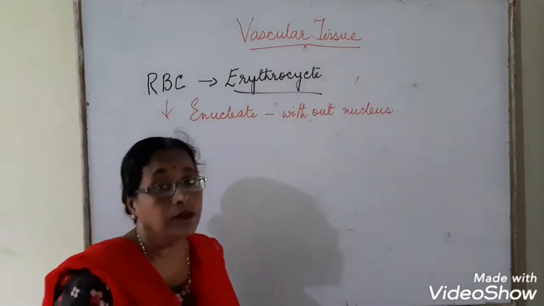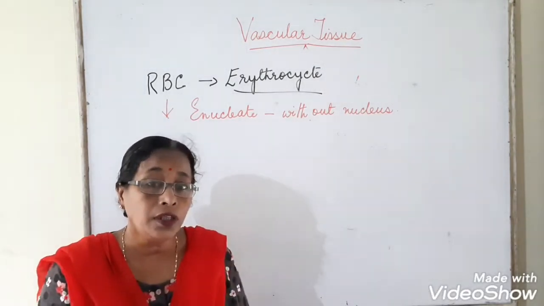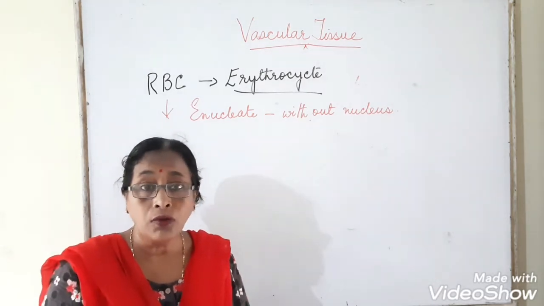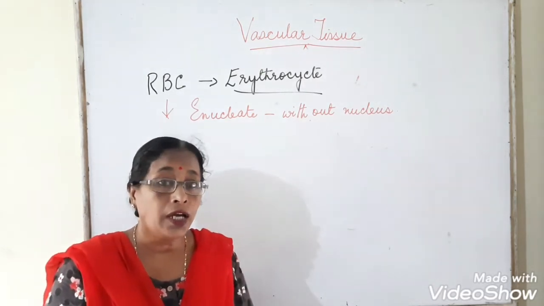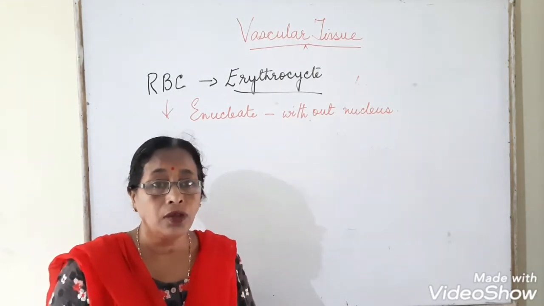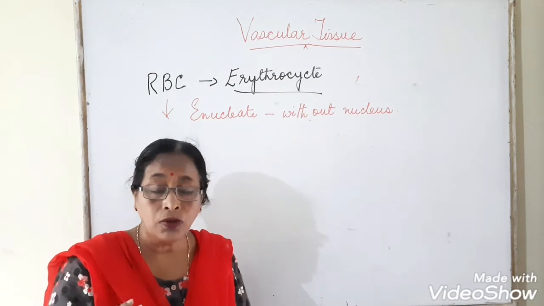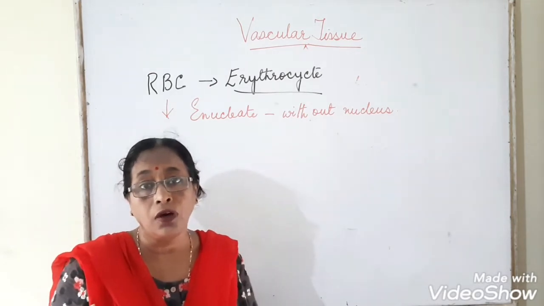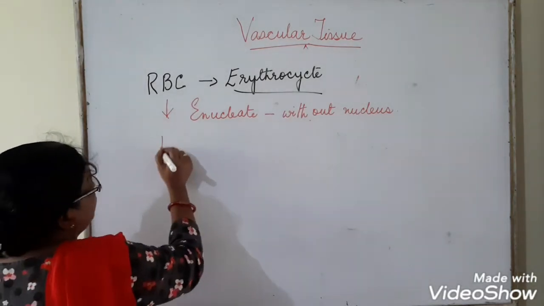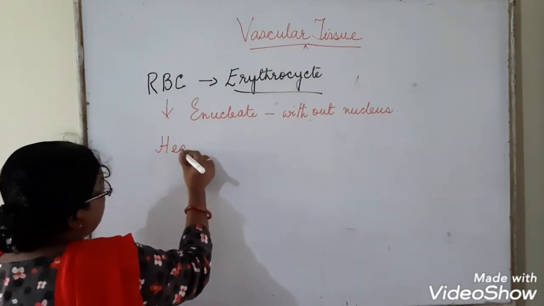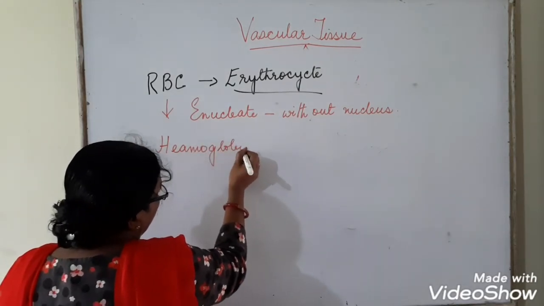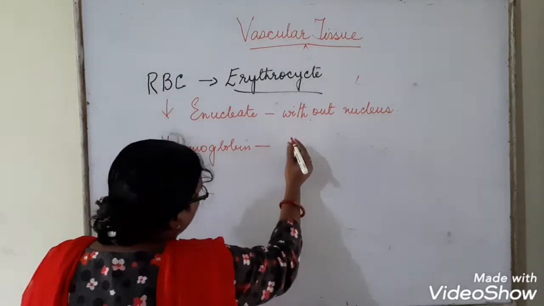The RBCs contain a pigment known as the respiratory pigment, hemoglobin, which is the carrier of oxygen. It also carries some amount of carbon dioxide, but hemoglobin is the main carrier of oxygen.